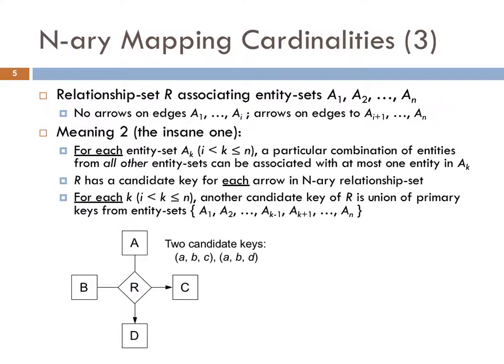We have our simple example, A, B, C, D are entity sets, and we have this one relationship set R. We have 2 arrows. So what that means is that we have one constraint that a triplet of entities from A, B, and D can only correspond to one entity in C. And there's another arrow, so we have another triplet from A, B, and C that can only correspond to one entity in D. There's 2 different constraints being represented here.